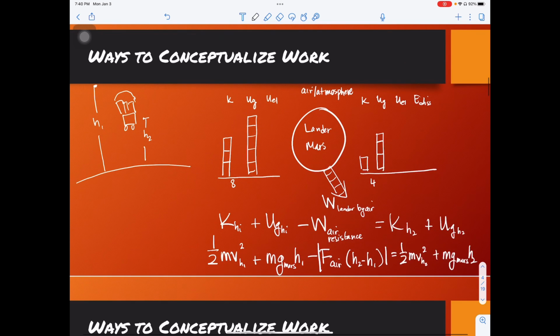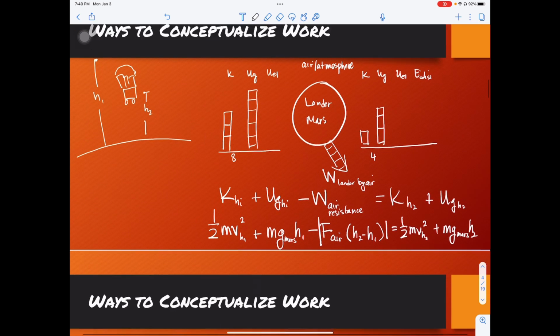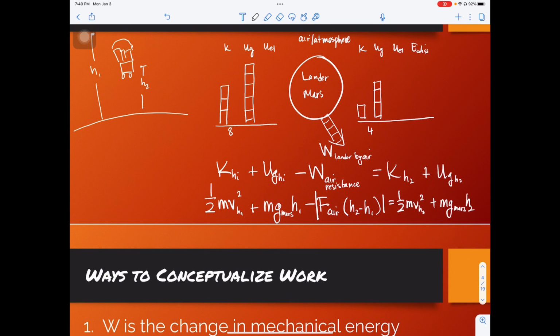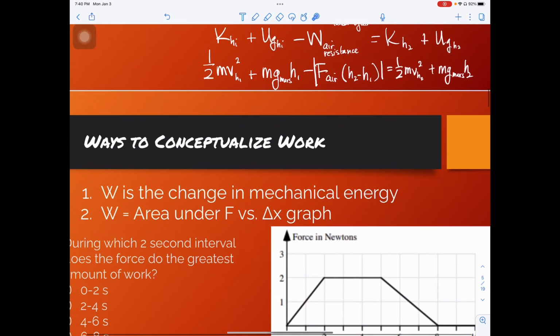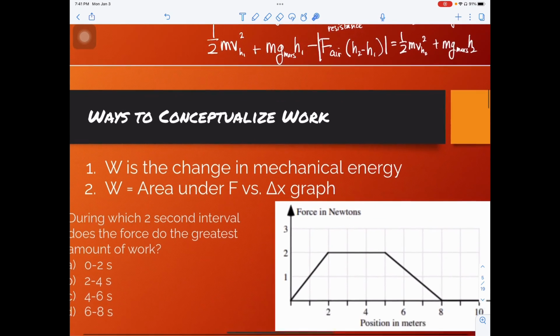And so that's one way to conceptualize work, is thinking about it as whatever change in energy we have between our initial state and our final state is going to be work. Okay, so work is the change in mechanical energy.